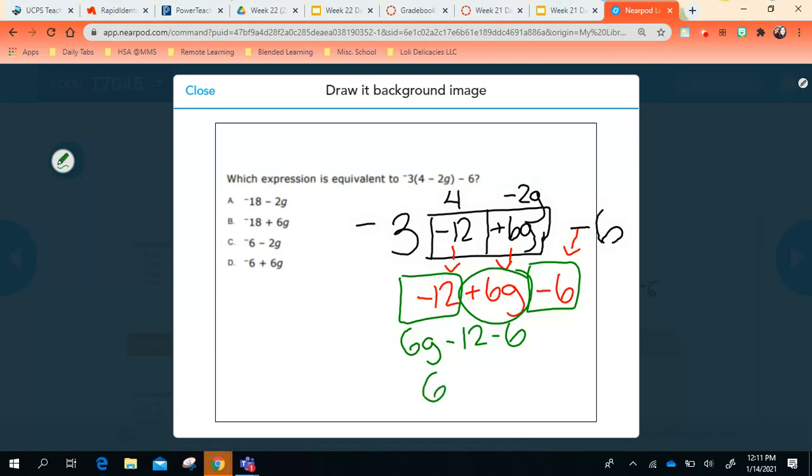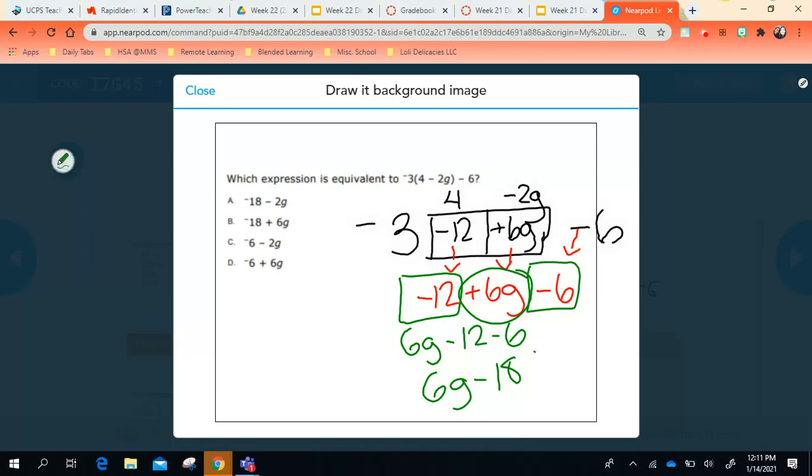And what is negative 12 minus 6? Negative 18. When you go to put this in your calculator, because the 12 has a negative in front, make sure you're not using the subtraction button. If the first number has a negative, you have to use the negative sign.